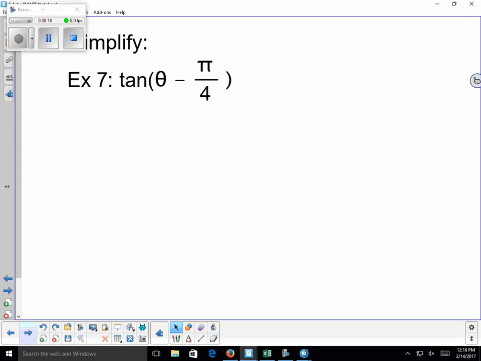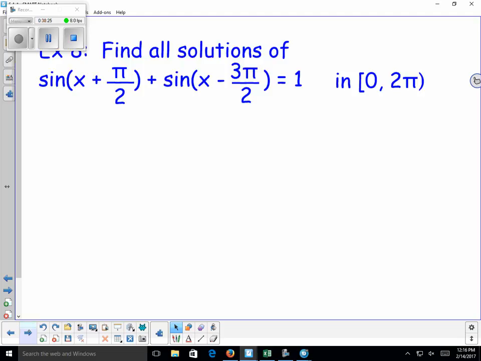You're going to follow the formula for tangent of u minus v and plug in theta for u and pi over 4 for v. Let's take a look at number 8. This one says find all solutions. So it's kind of like a solving problem from section 5.3. Find all solutions of this equation in the interval from 0 to 2 pi.